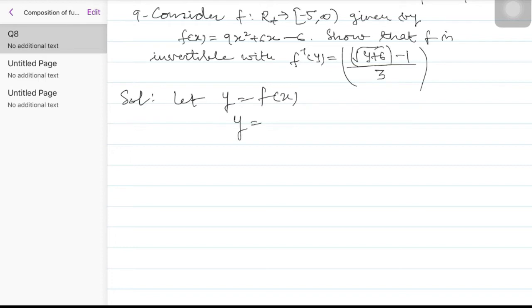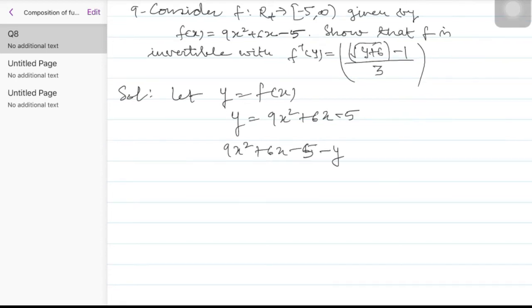So applying definition of fx on the right side, the definition of fx is 9x square plus 6x minus 5. Transposing this y to the other side, we'll get 9x square plus 6x minus 5 minus y is equal to 0.